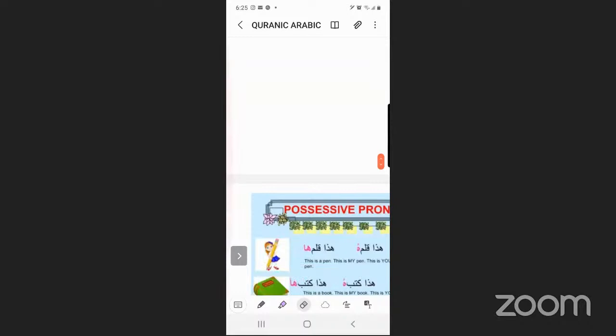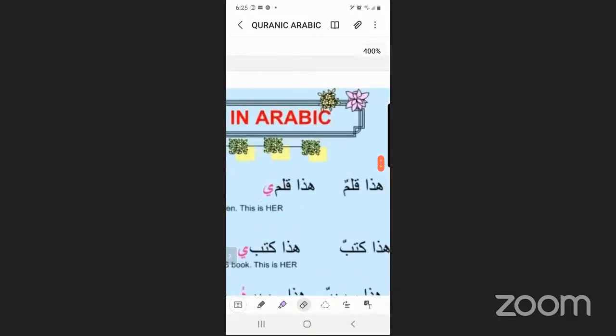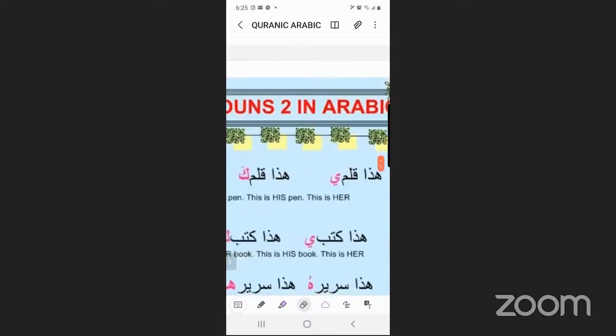Okay. Now possessive pronouns in Arabic. You can see هذا قلم. Now هذا is ism ishara, a demonstrative noun which shows where things are. When you add a pronoun to it, it shows belonging.